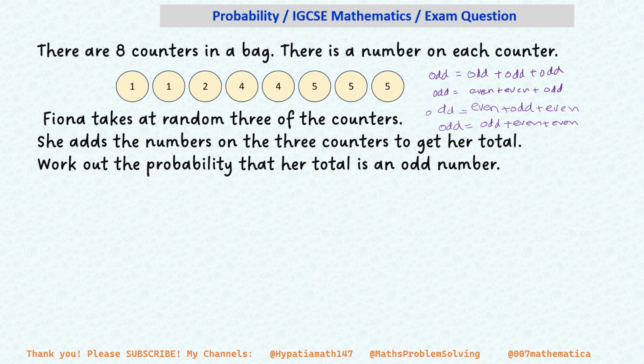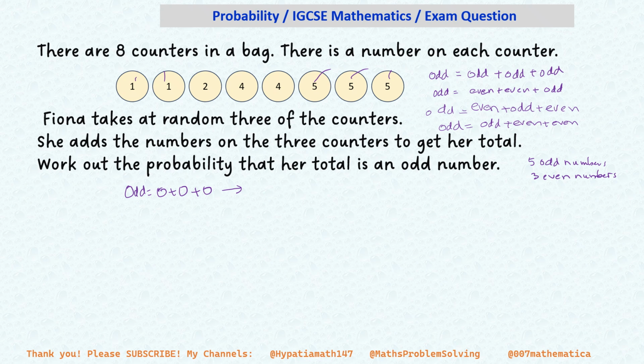So the probability of the first one is odd plus odd plus odd. This is not 0, this is O. So how many odd numbers are there? 1, 2, 3, 4, 5. So I can write here 5 odd numbers and 3 even numbers.